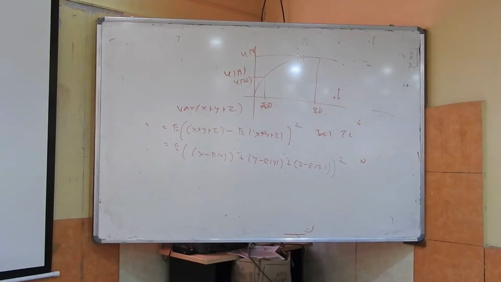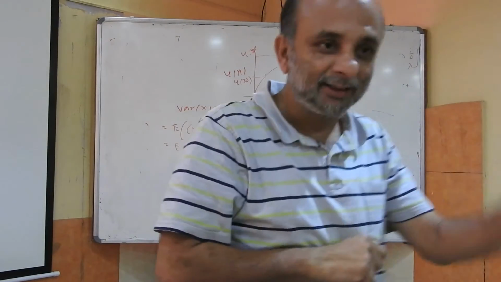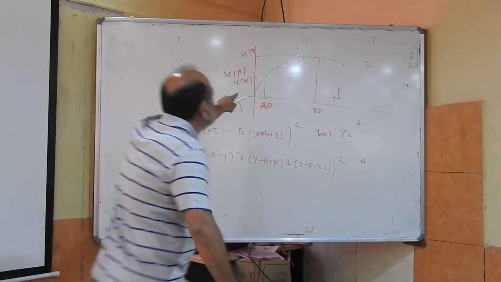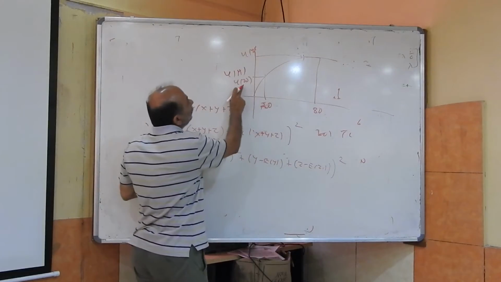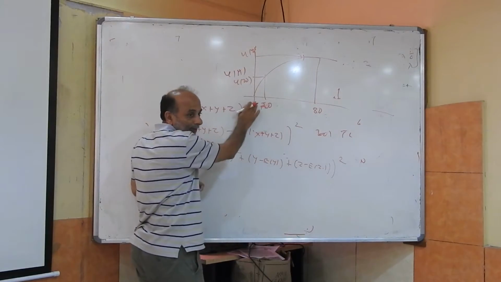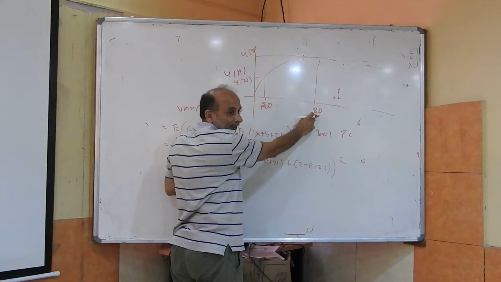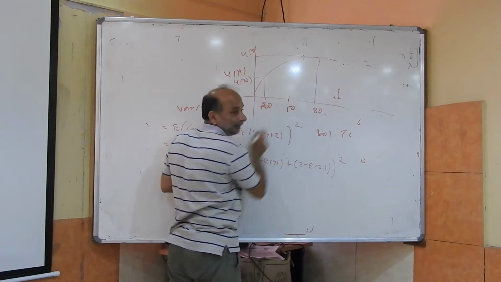For sure. You take the one for sure? If she says she'll take the one for sure, then she is this kind of a person. Why has she said that? Because look here, this is the utility of 20 rupees in hand, utility of 80 rupees in hand, and this is 50.